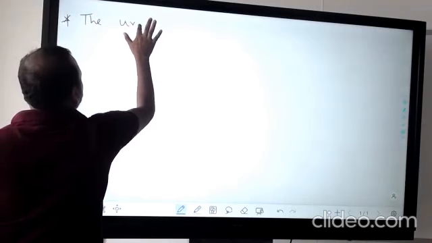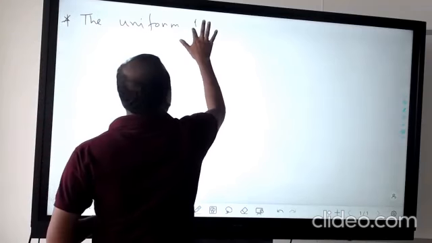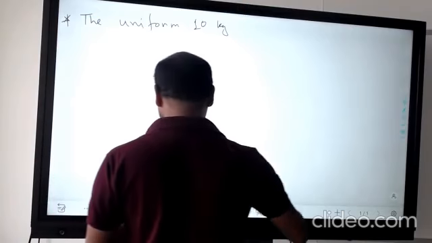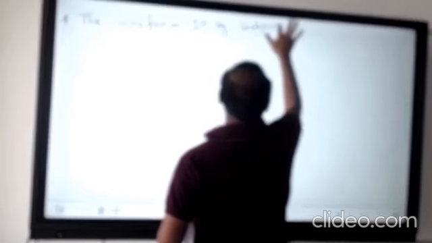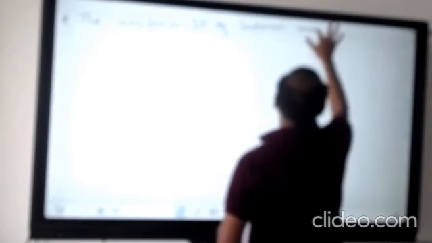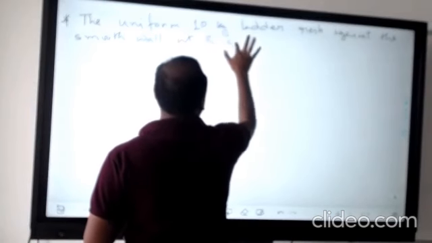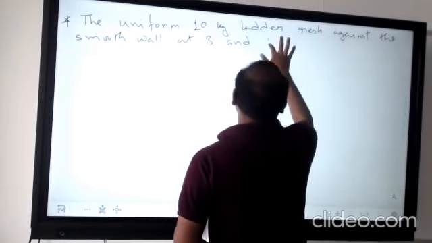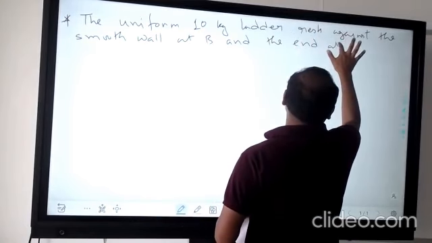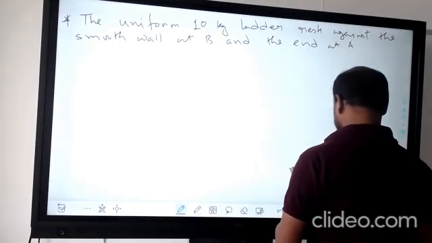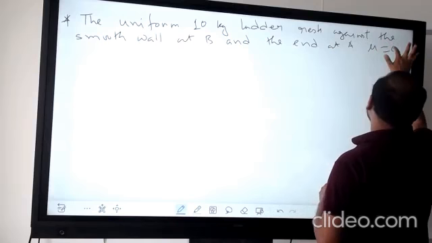So this very simple problem, find out. The uniform 10 kg ladder rests against the smooth wall at B and the end at E. Mu is given 0.3.